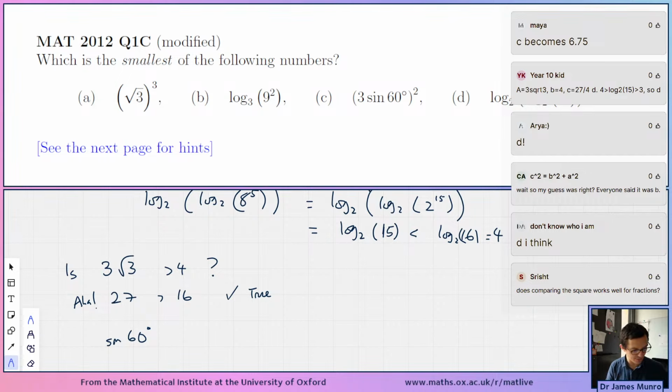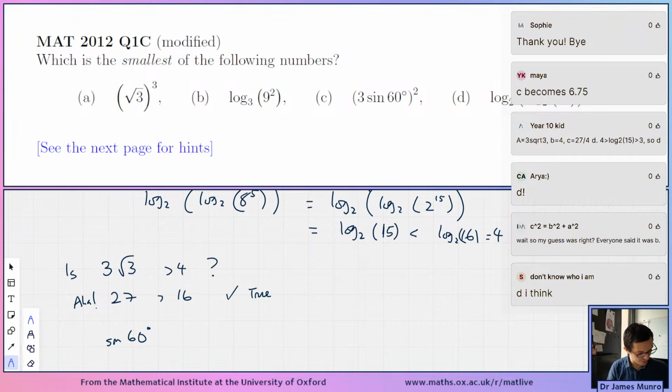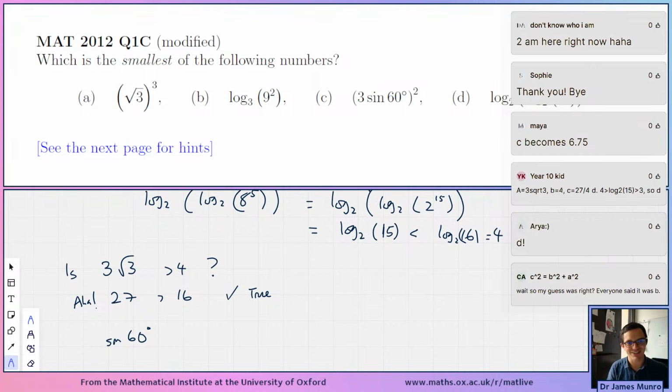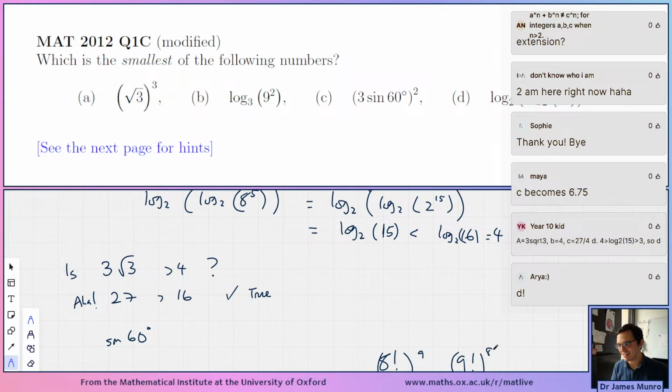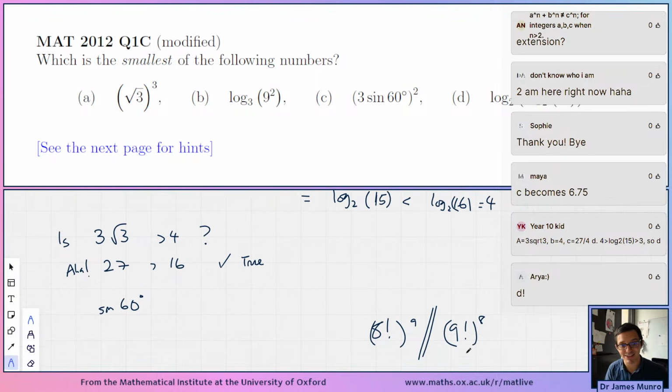There is an extension. Sorry, I haven't talked about the extension at all. There's an extension in there somewhere to think about 8 factorial to the 9 and 9 factorial to the 8. Which of these is larger? It's a bit of a classic question in the sense that I'd seen it in a couple of other places before I put it down as the extension on this sheet.